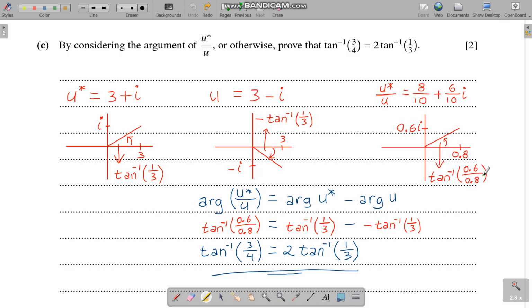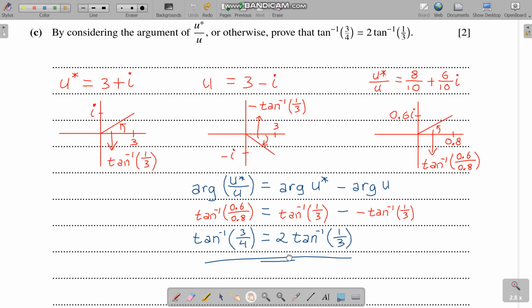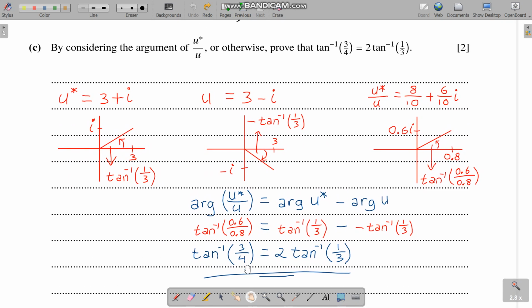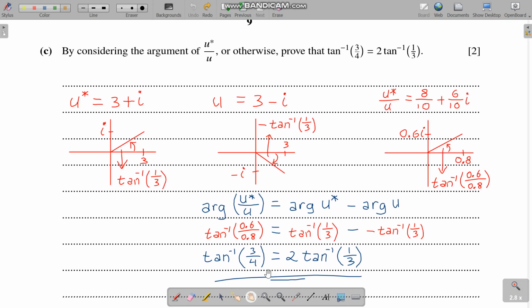Okay, so we have this rule in division of complex numbers. When we divide complex numbers, the argument of a over b is equal to the argument of a minus the argument of b. We have this rule because of the exponential rules basically.